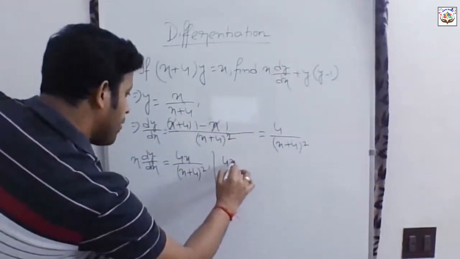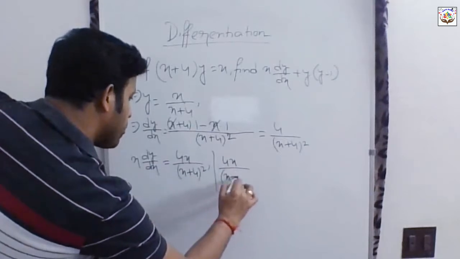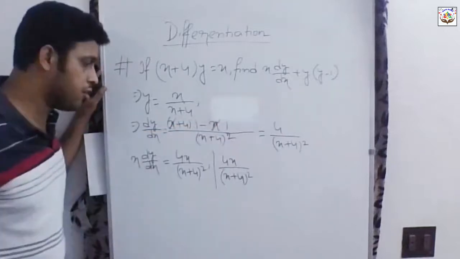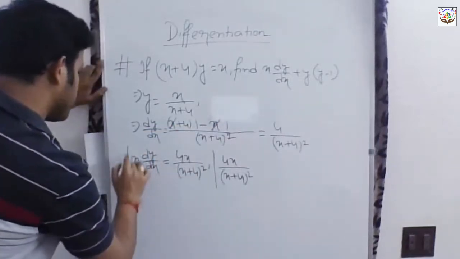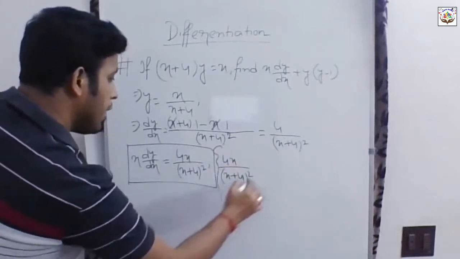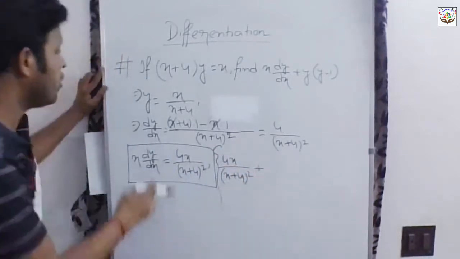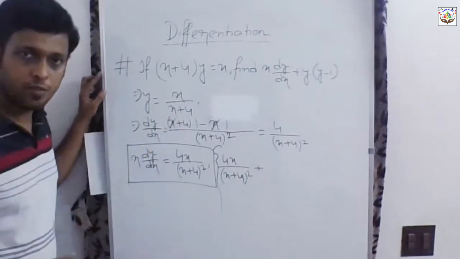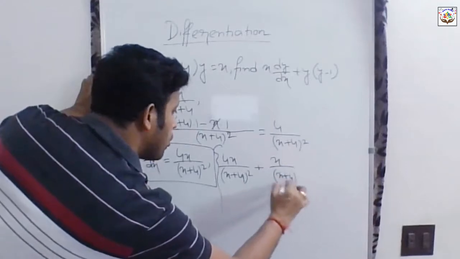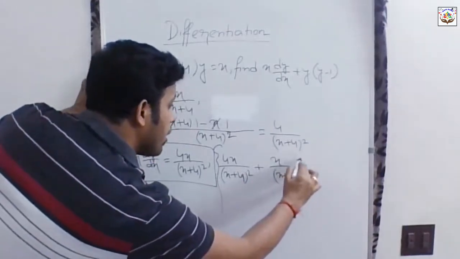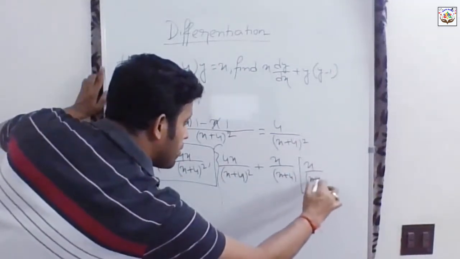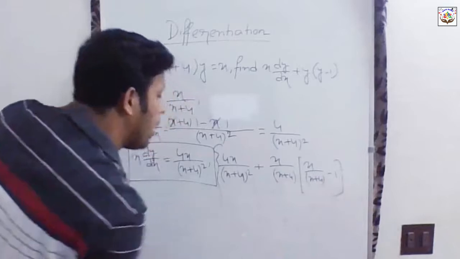So if we write 4x divided by x plus 4 whole square in place of x dy dx, okay, and if we write the value of y as x by x plus 4 into y minus 1, that means x by x plus 4 minus 1.